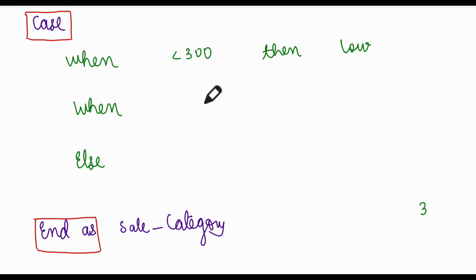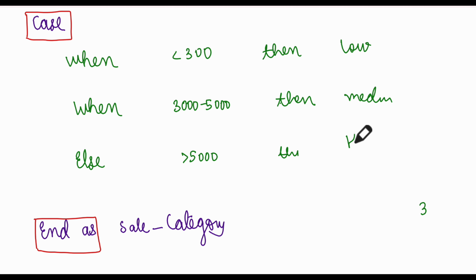There is no comma required after this. When it is 3,000 to 5,000, then it is medium. And when it is greater than 5,000, then it is high. This is the structure of any case when statement.